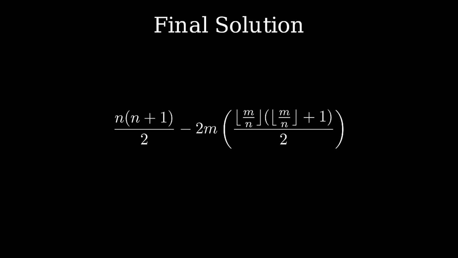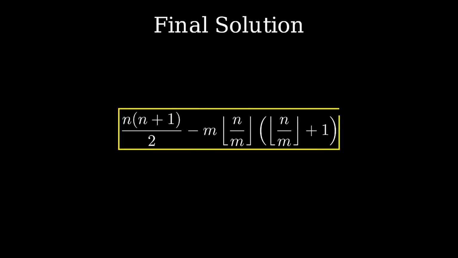Okay, so as you can see, we got a closed form solution that involves m and n. So basically, all we have to do in the code is simply type in this expression, and that's it. It can be just one line. We can just say return n times n plus 1 over 2 minus m times floor of n over m, times floor of n over m plus 1.